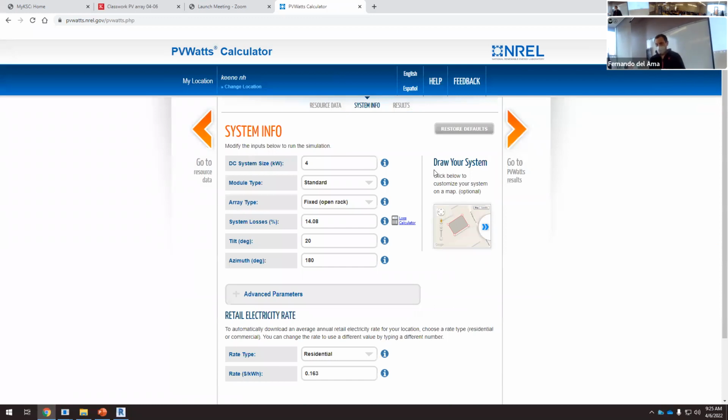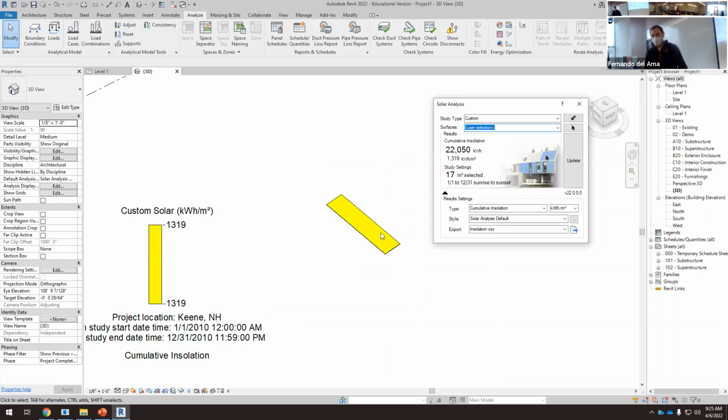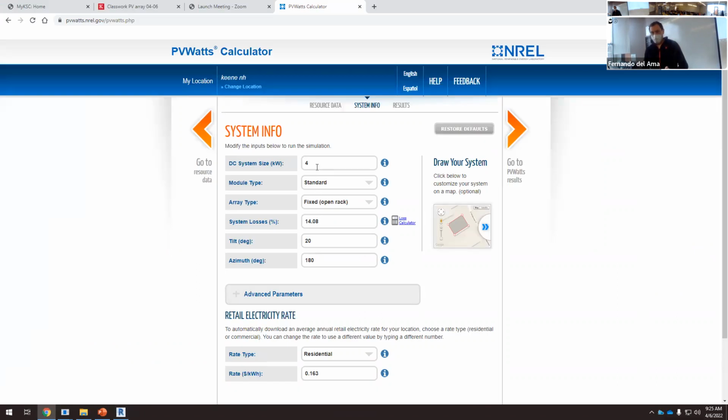Okay, here we have information about the system, about the panel itself. We haven't selected any panel in Revit. So just to compare this information to the information that we have in PVWatts, what do we have to do? We don't have to touch anything about this. We have the tilt, we have changed that. So you have to type here the angle that you have selected here, and the azimuth is south.